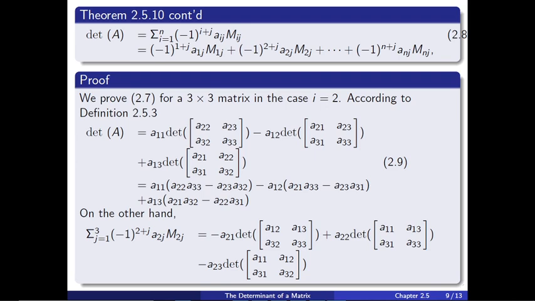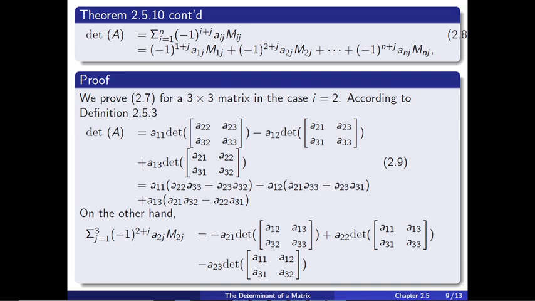The proof is a special case of a special case, and that's all we are going to do. The general case would take us forever, but anyway, we are going to look at the special case of it. This first special case is a 3 by 3 matrix, and we are going to look at just one row.